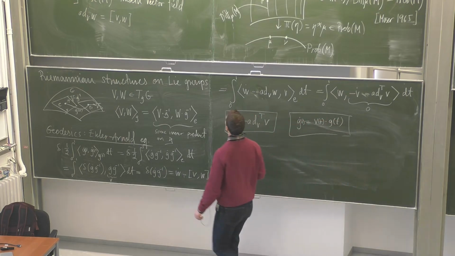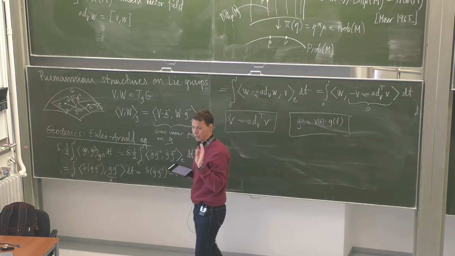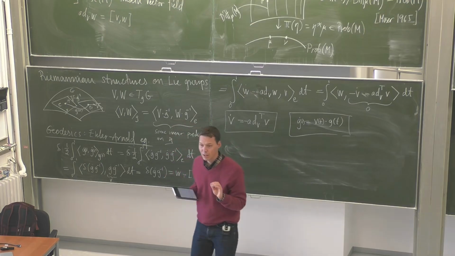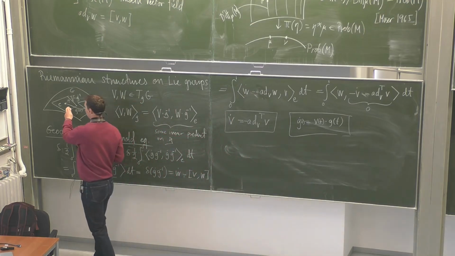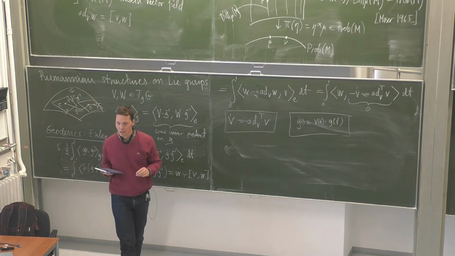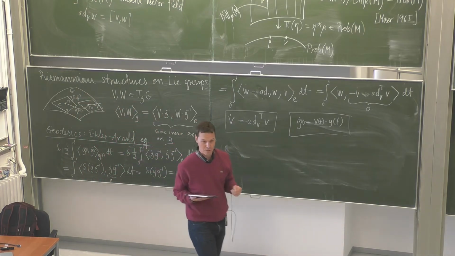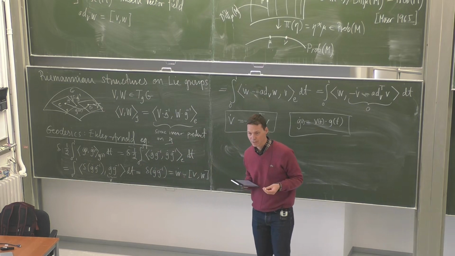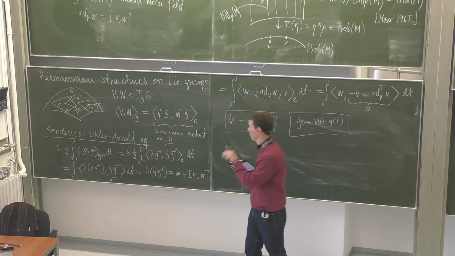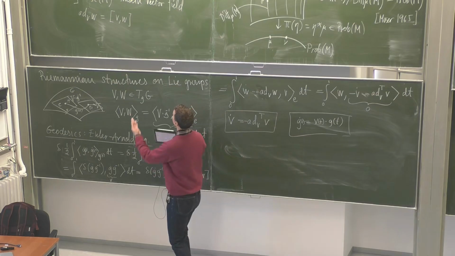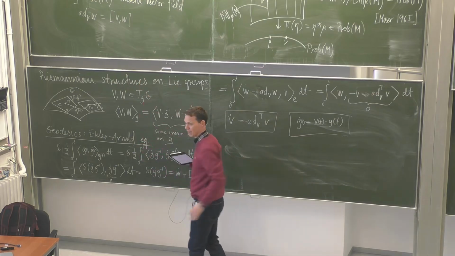Then you take G to be this group of volume-preserving diffeos. You take the right-invariant metric to be the one corresponding to the L2 metric on the space of divergence-free vector fields. In order for this to work, L2 on vector fields requires a Riemannian structure. So you have to start with a Riemannian structure on your underlying manifold M, okay?